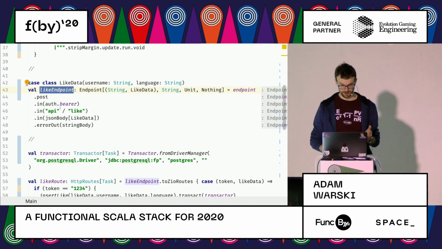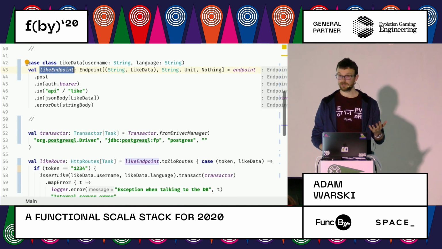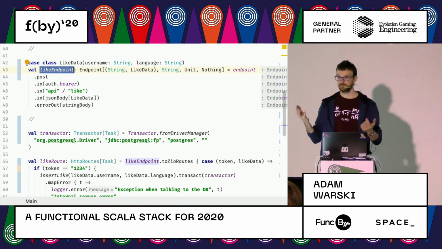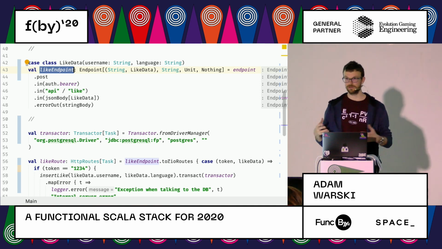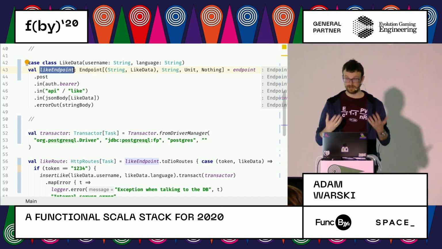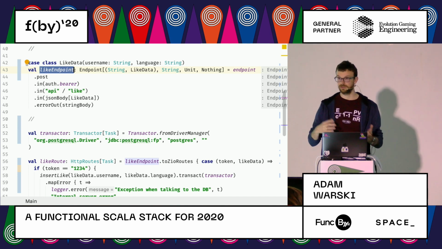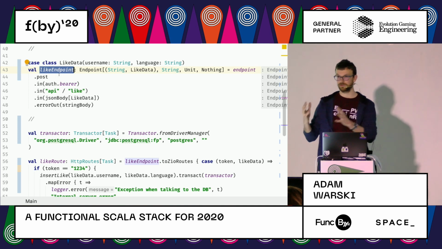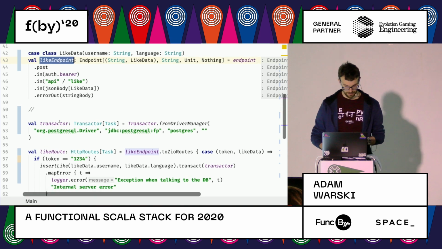So far we have interpreted it as a route, right? So we have coupled this with some business logic, and this was converted to an HTTP4S route. Another thing that we can do with the endpoint is convert it to documentation, right? So we can take this description here, this data structure, and actually convert it to docs, to a YAML file.